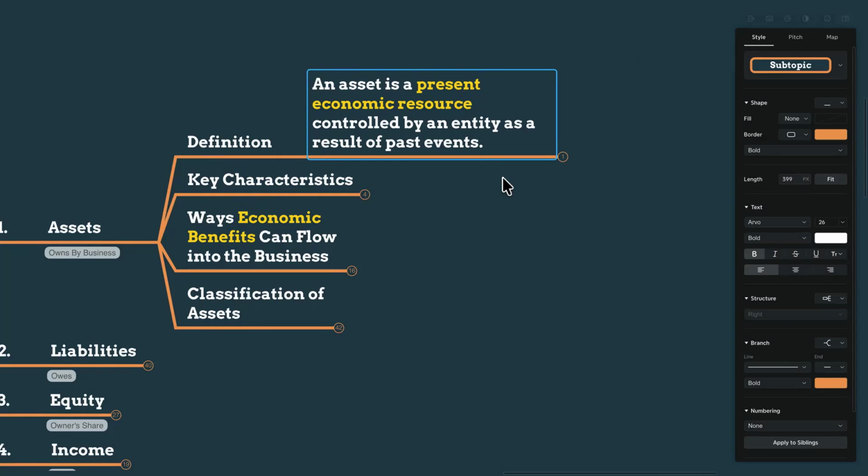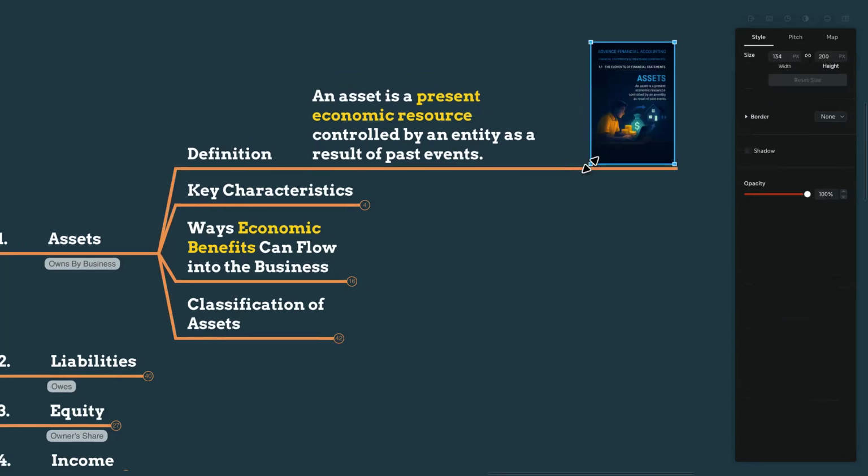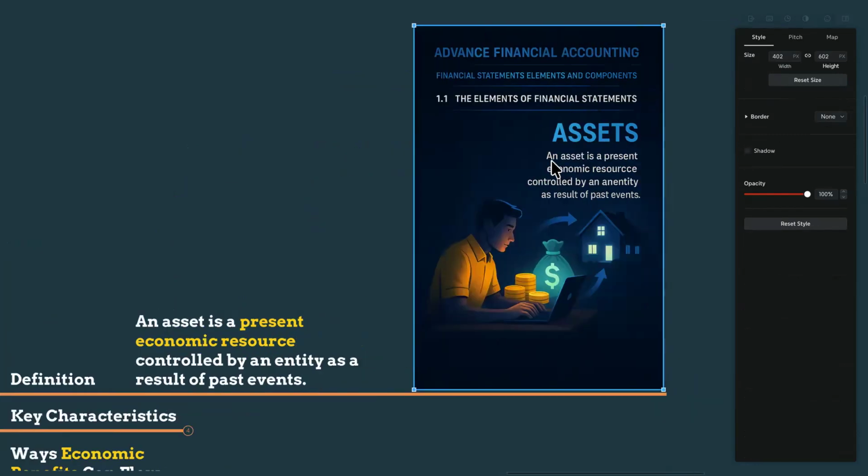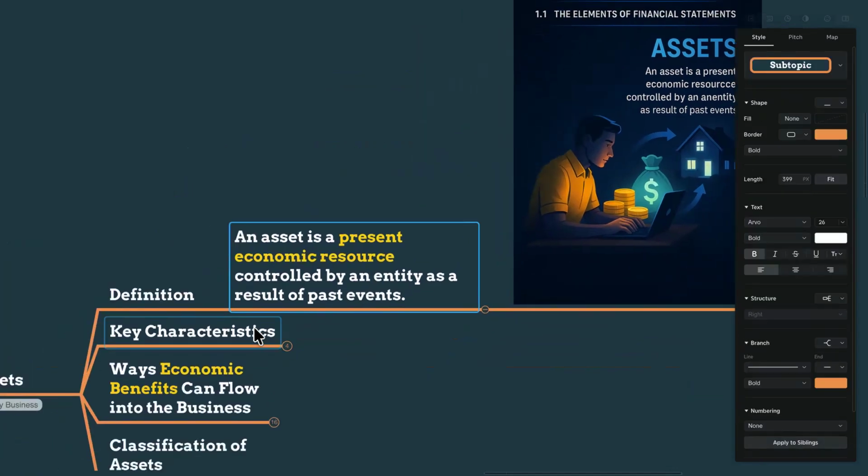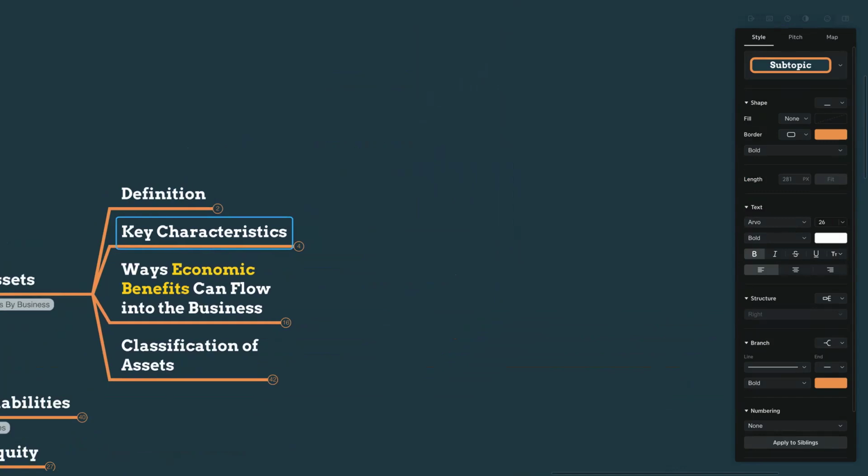My dears, an asset is something your business has right now that can bring money or some benefits. And you got this asset because of something that happened in the past, like you bought it or earned it. So this is the actual definition.